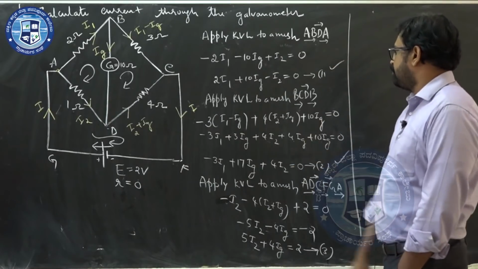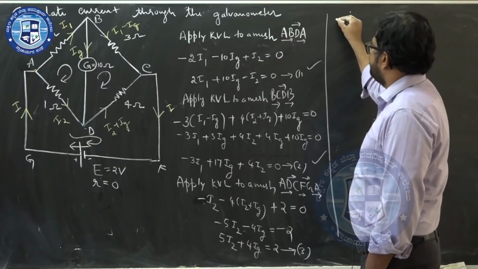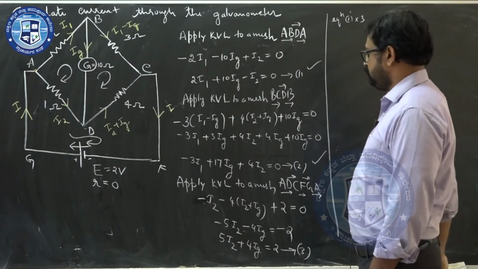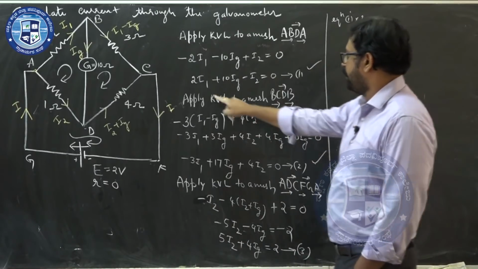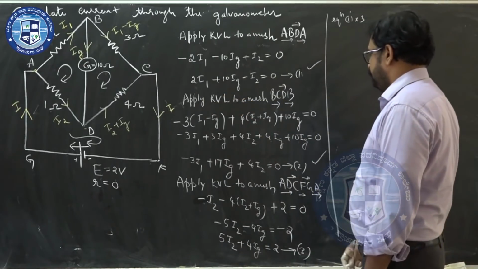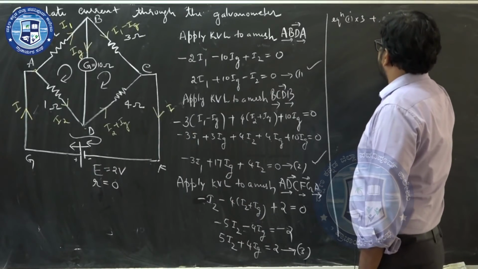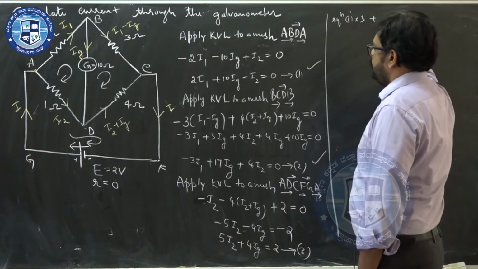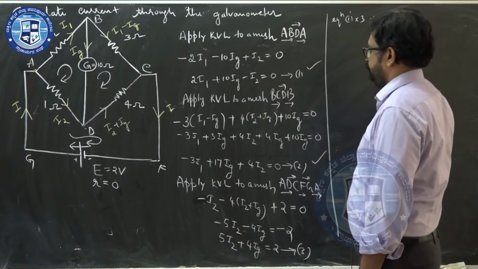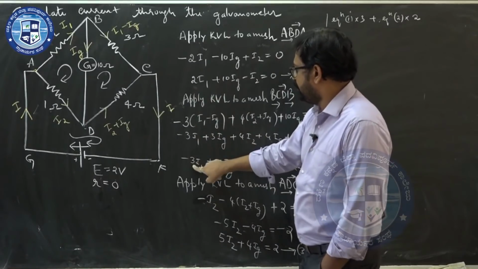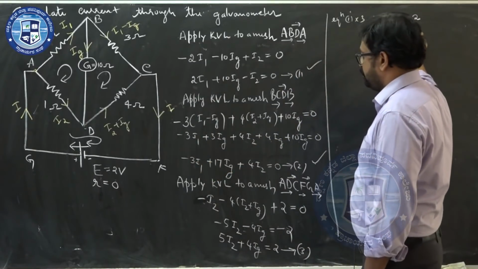I will try to get rid of I1, meaning I have to multiply equation 1 by 3. Then I should add it after multiplying equation 2 by 2.